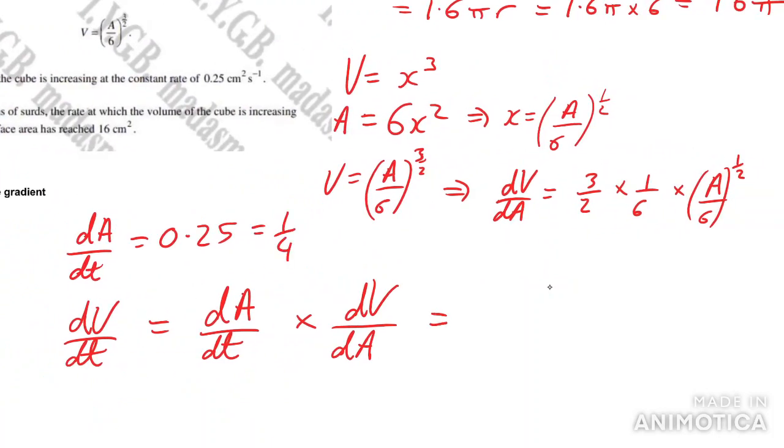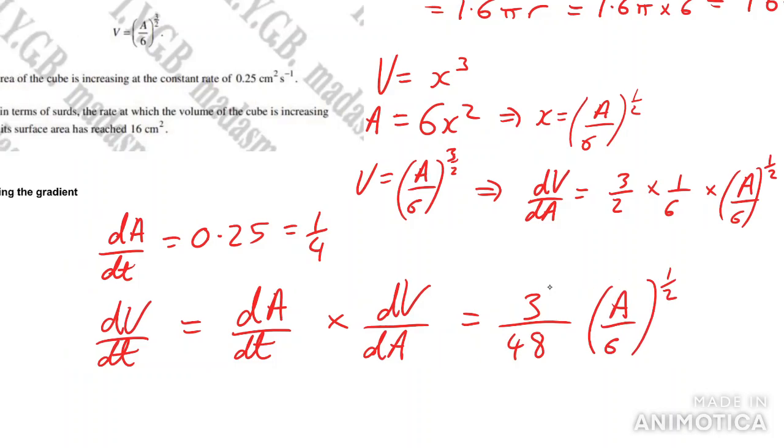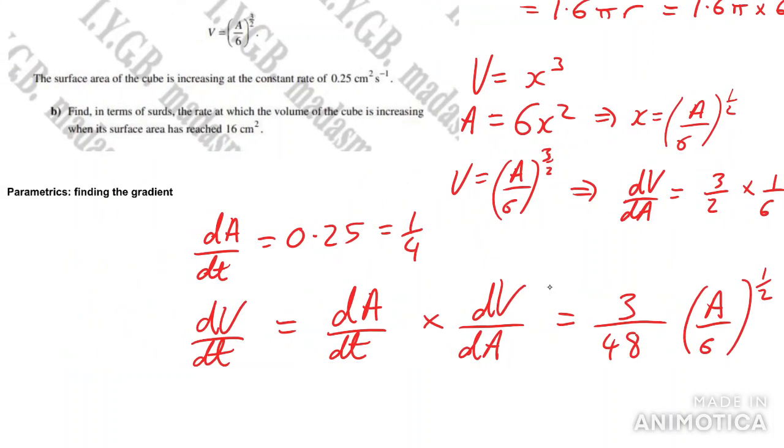So plugging that in, we get dV/dt is going to be, I believe, 3/48 times (A/6)^(1/2). And they want to know when its surface area has reached 16 centimeters squared.